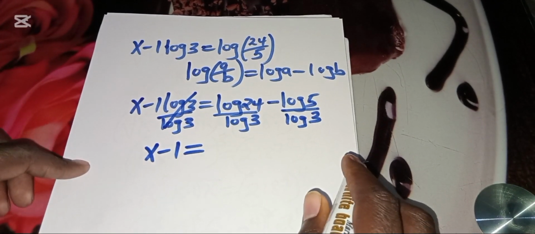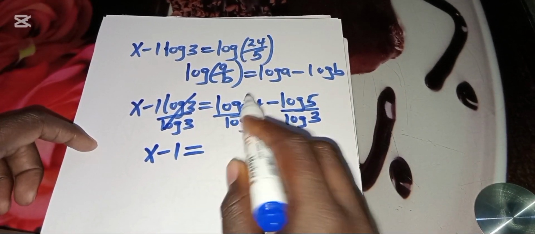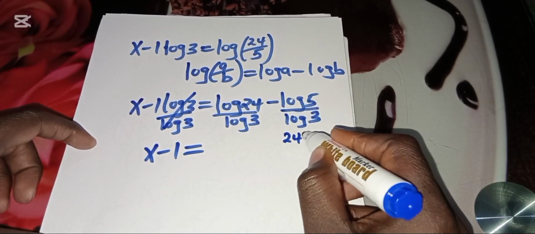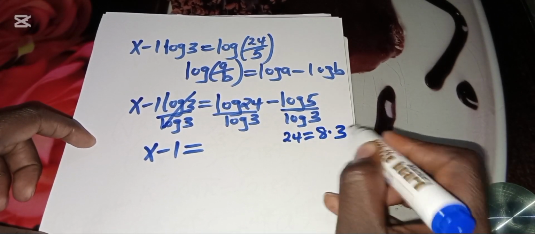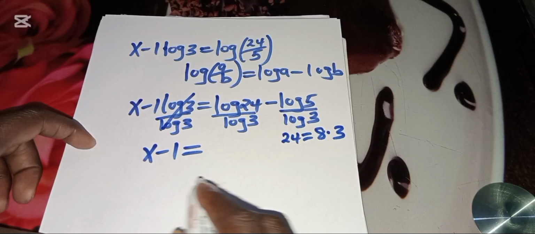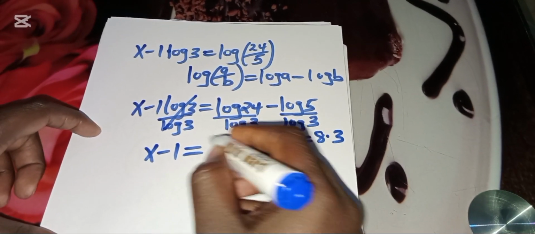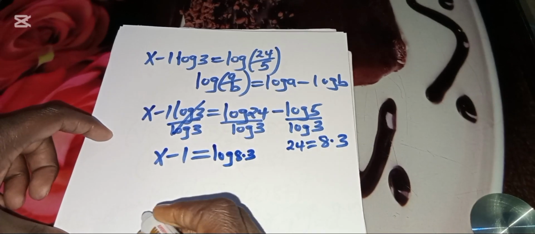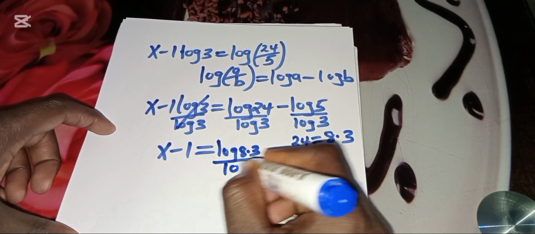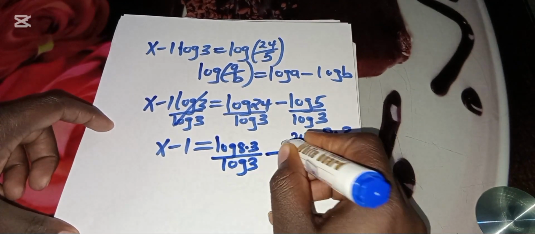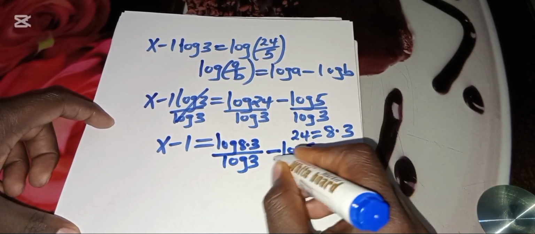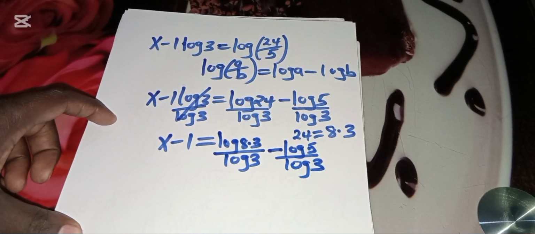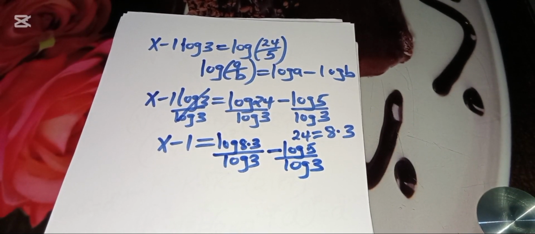This is equal to, now as you can see, 24 can be expressed as 8 multiplied by 3. So this shows that we can have log 8 multiplied by 3, divided by log 3 subtract log 5 divided by log 3. Now let's proceed.